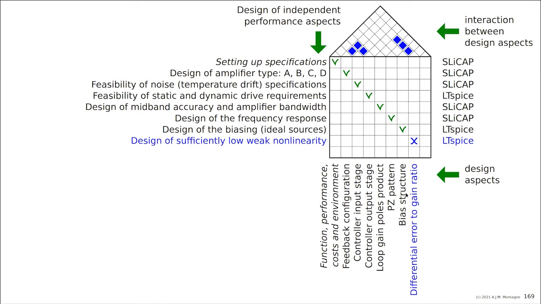If we are adding a stage, we are changing the pole zero pattern, and we are changing the loop gain pole product. But we are only going to take this action if the loop gain pole product is already large enough. By adding a stage, because we want to decrease the differential error to gain ratio and increase the linearity of the stage, we will probably also increase the bandwidth, and then we have to change the frequency compensation, probably.